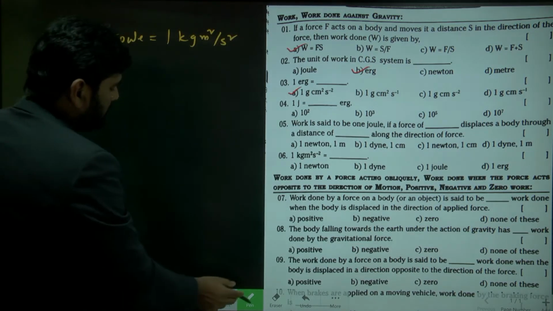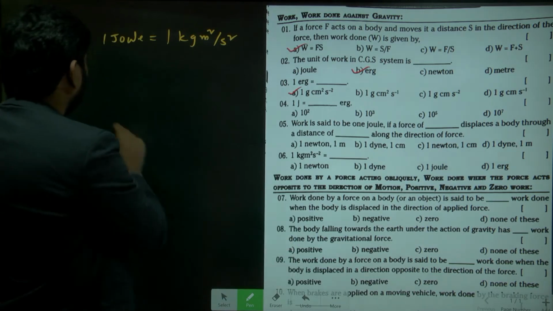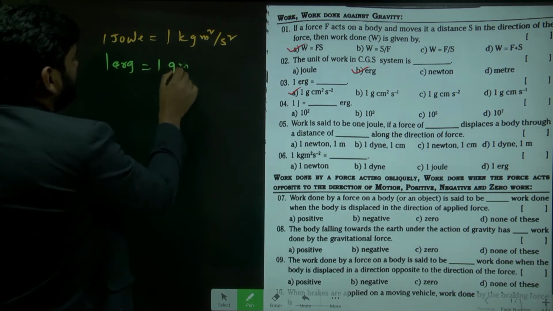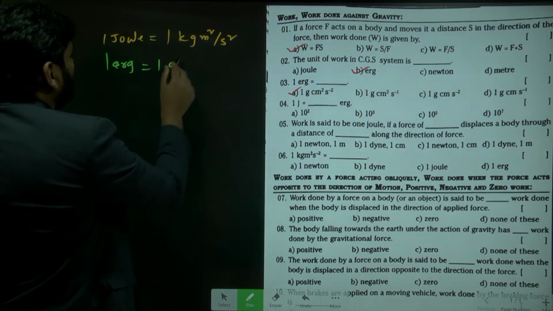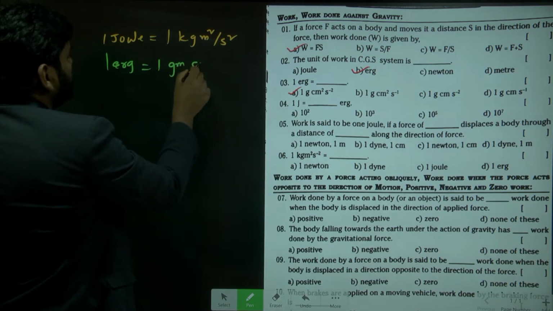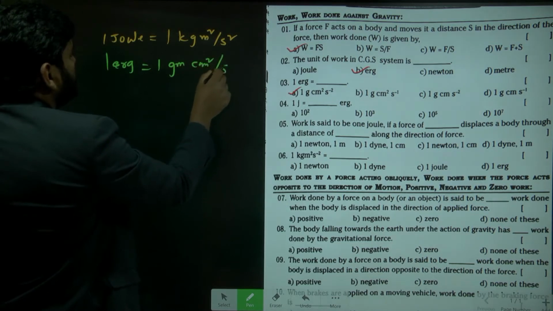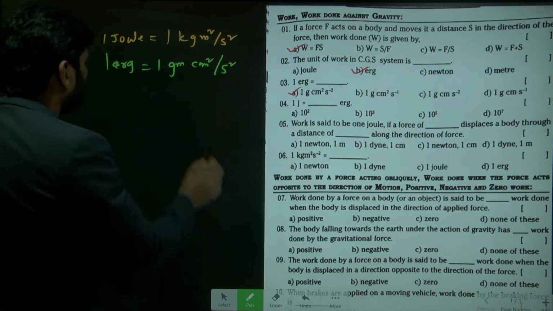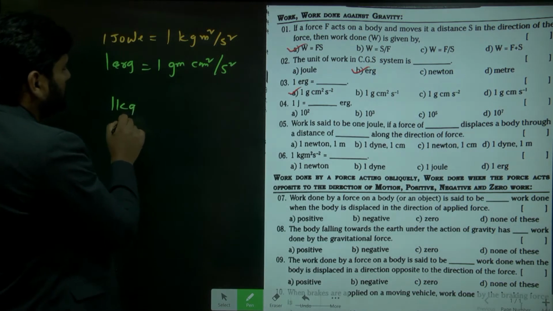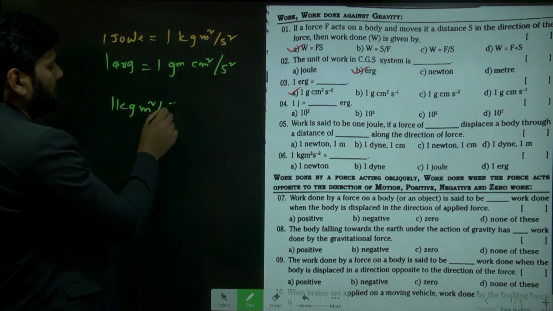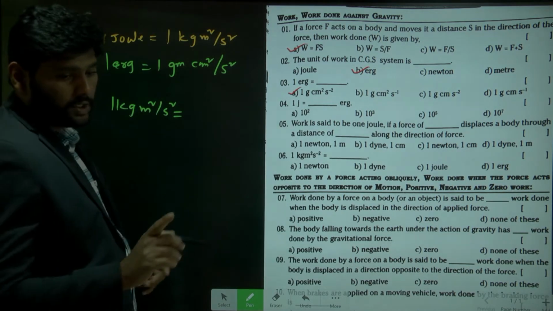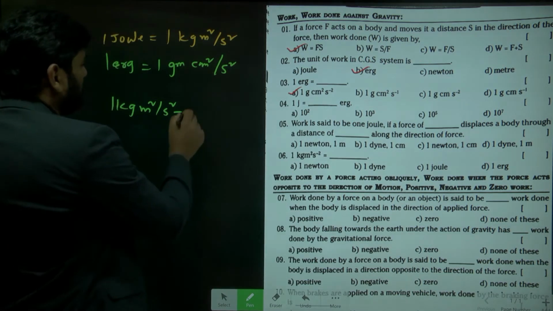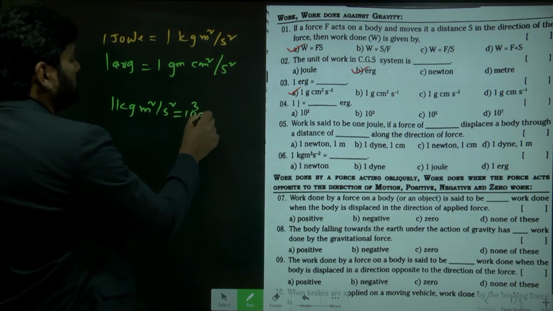Similarly, 1 erg means 1 gram centimeter square per second square. These two we have to relate. 1 kg is equal to how many grams? 10 power 3 grams.